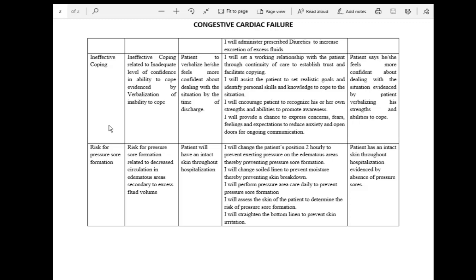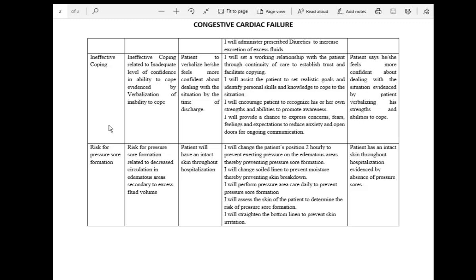So by changing the soiled linen, you prevent the formation of moisture on the linen or the wet linen which will irritate the patient. So by changing that linen, you are going to prevent the skin breakdown.